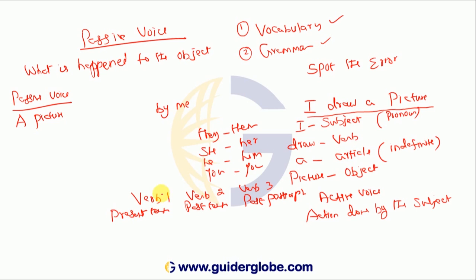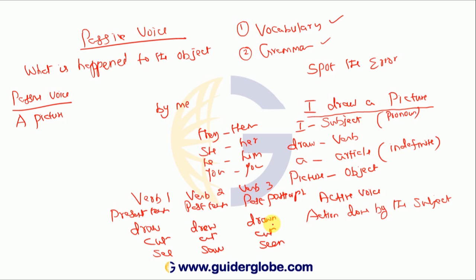Here, draw is in present tense, drew, drawn. Okay. There are so many V1, V2, V3: cut; see, saw, seen.